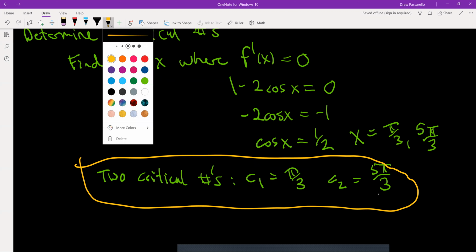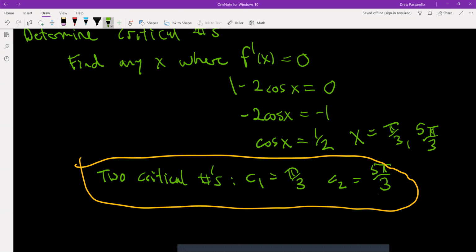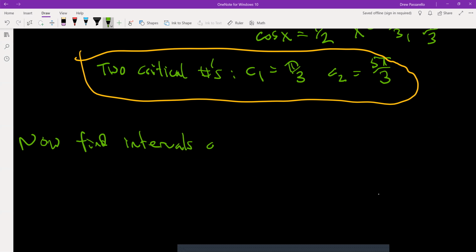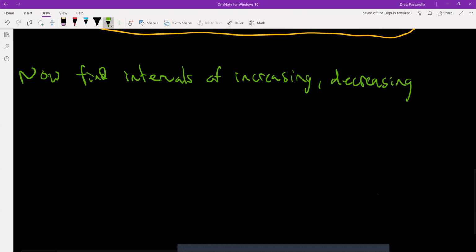Now I'm going to apply the first derivative test by finding intervals of increasing and decreasing, and then from there determining what's relative max and relative min. All right, so now I'm going to find intervals of increasing or decreasing. All right, so our domain is 0 to 2 pi.